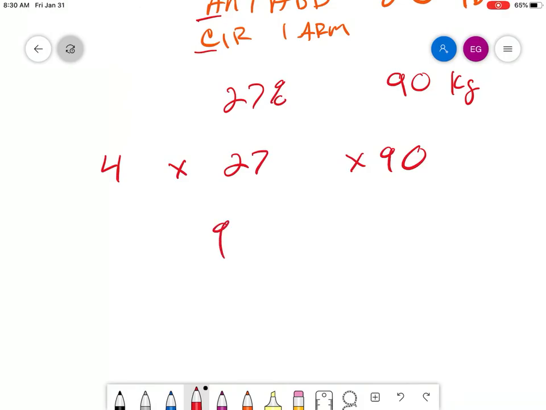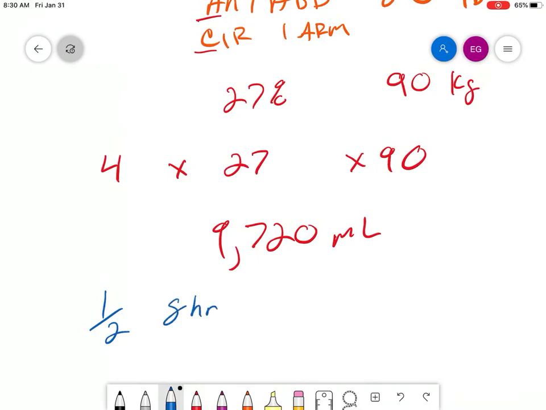We get an answer: 9,720 milliliters. Now this is the total amount of fluid this patient's going to receive in 24 hours. We're going to break this down even further. We're going to give half of this fluid over 8 hours, and half over the remaining 16 hours.